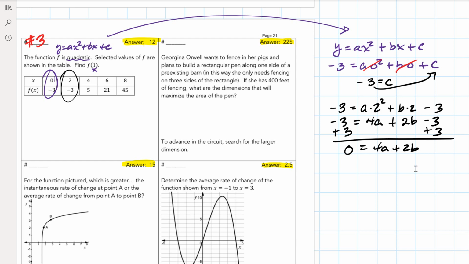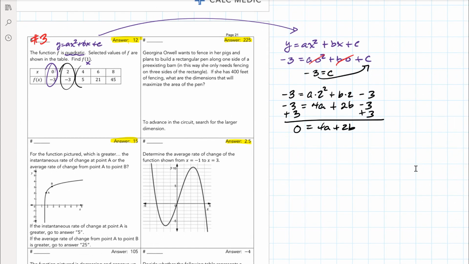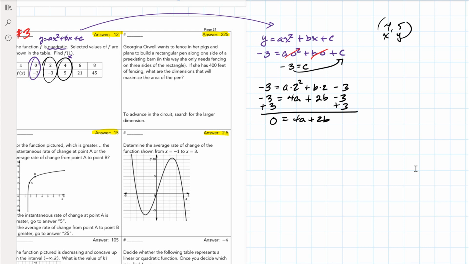Okay, so I have two unknowns, and you learned in Algebra 1 and 2 that with two unknowns, you have to form two equations. So now I'm going to have to use my third point. Now I'm going to use 4 comma 5. If I use this point, x is 4, y is 5. So I'm going to substitute this in the function. So y is 5.